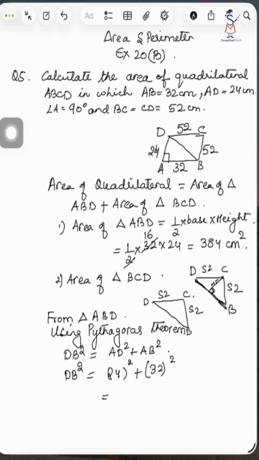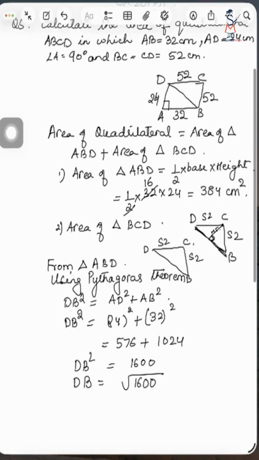So 24 square is 576 and 32 square is 1024. This becomes 1600. So DB square is 1600, so DB is the square root of 1600, that is 40 centimeter. Now we have all the sides of this triangle.